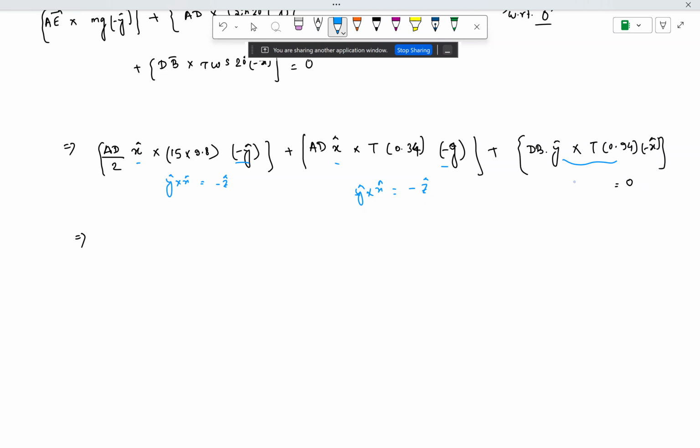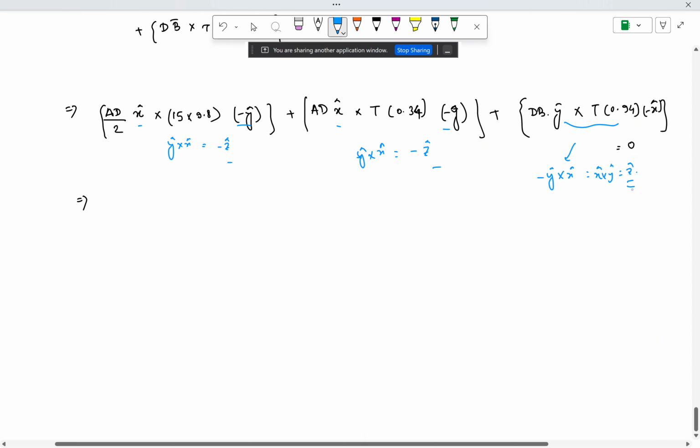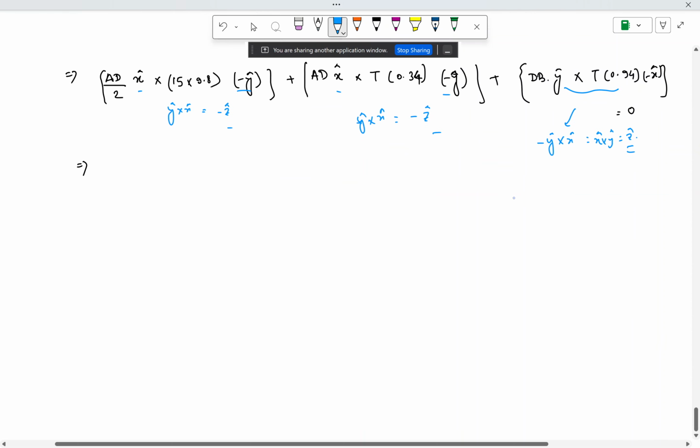Then this one, y cap cross minus x cap, is basically x cap cross y cap, equal to plus z cap. So these two are in the minus z cap direction, and this is in the plus z cap direction. So the whole thing is balancing out.